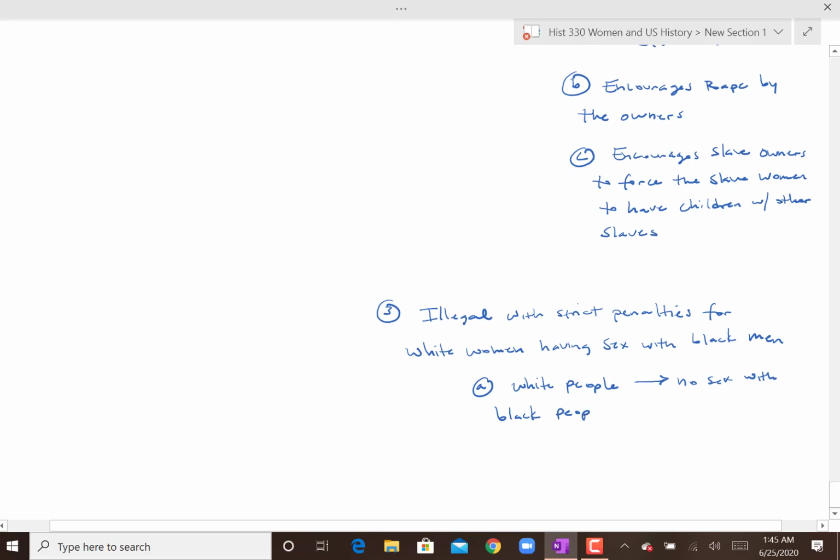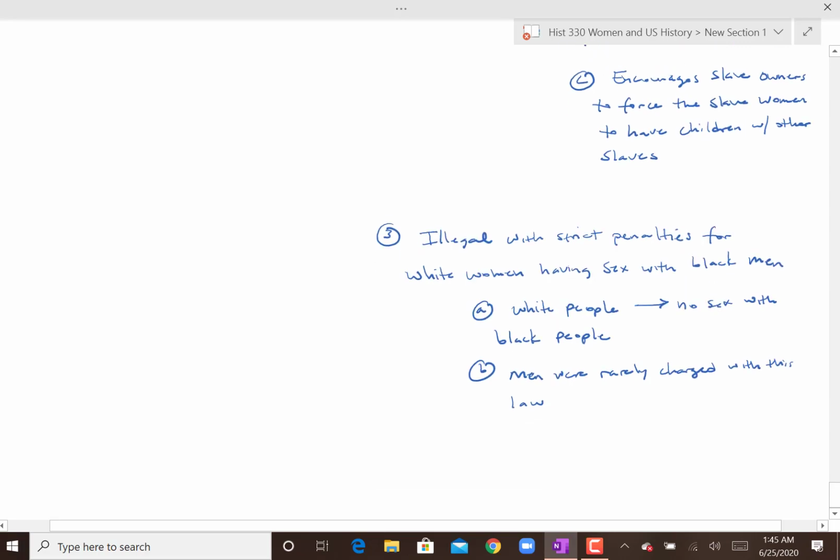And it didn't say women, but men were rarely charged with this law, right? Slave owners and other white men that were in positions of power over slaves often had sex with slave women, and raped them or forced them into it in various ways, or used their position of power.